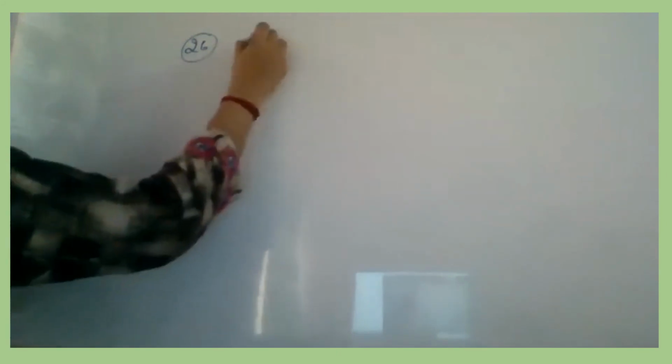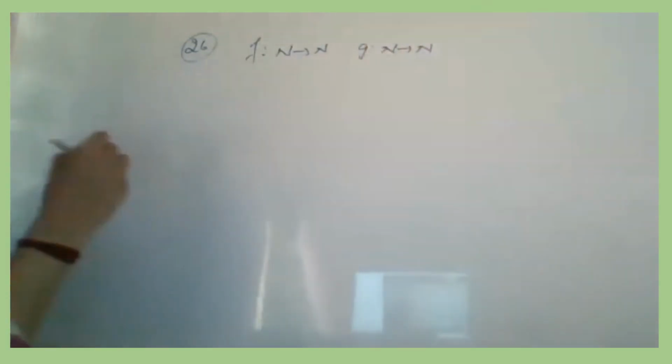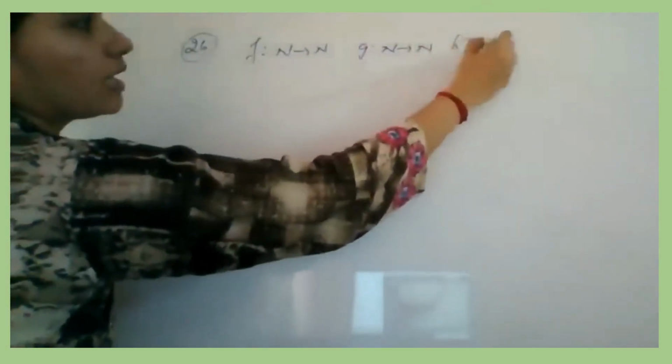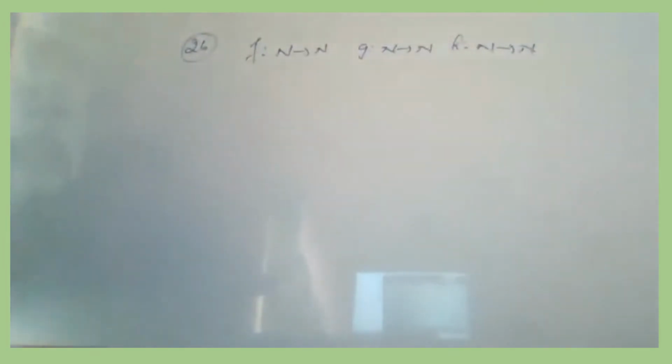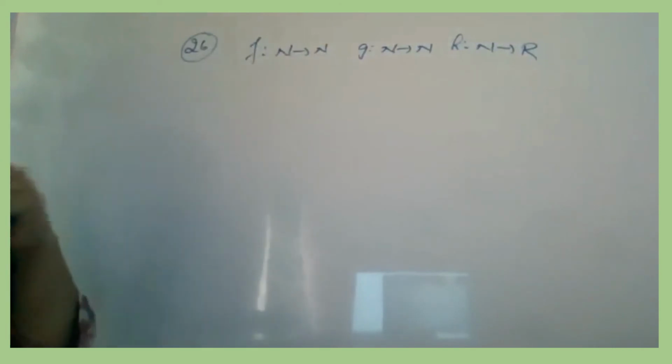which is f from n to n given, g from again n to n given, and h from n to r. They have taken three functions. f and g both are from n to n, and h is from n to r.